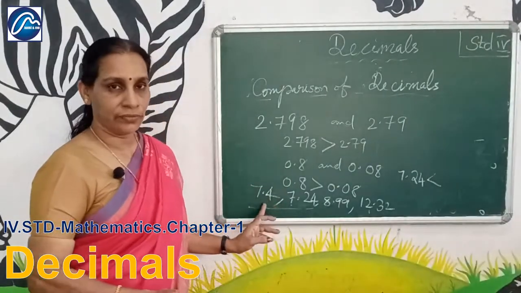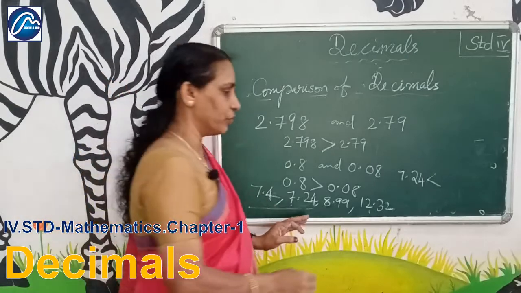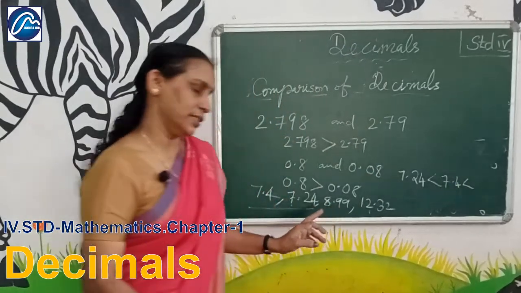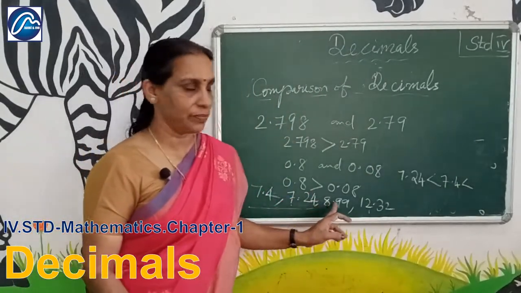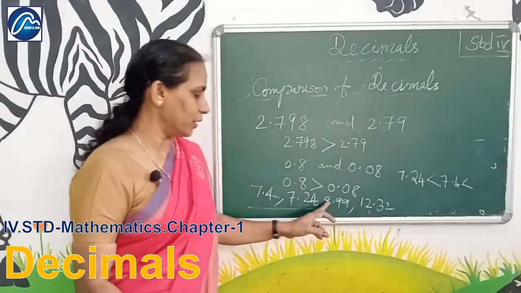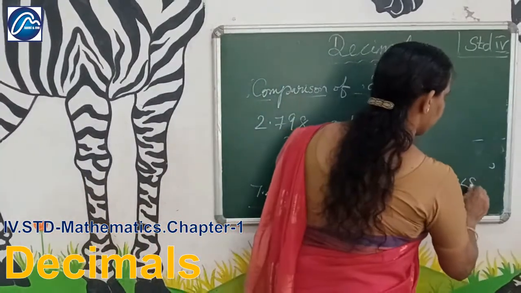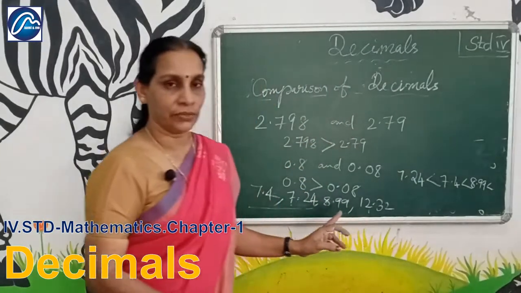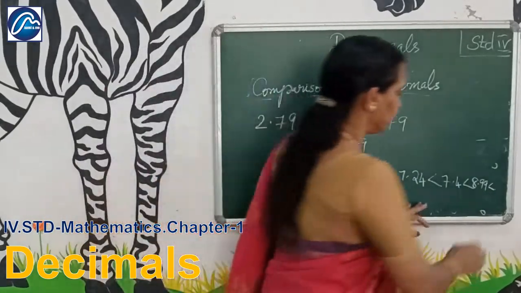ഓക്കെ, അത് ലെസ് ആണ്. നെക്സ്റ്റ് വൺ ഏതാണ്? വിച്ച് ഈസ് ദ നെക്സ്റ്റ് വൺ? 7.4. Then which is the next one? 8. Here it is 8. This is 12. So 8.99. After that, last one is 12.32.